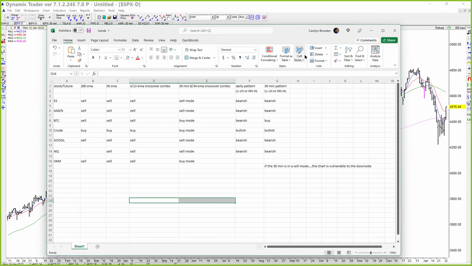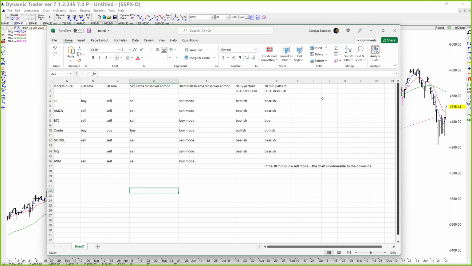So now in the case of the S&P, we're actually above the 200 simple, but the 50, price is below the 50, and with the 513 EMA crossover, it's in a sell mode with the 5 below the 13. Okay, so you don't have everything on the same side, but when in doubt, the ones that are most important will be where are we relative to the 50 simple moving average, and then where are we with the 513.